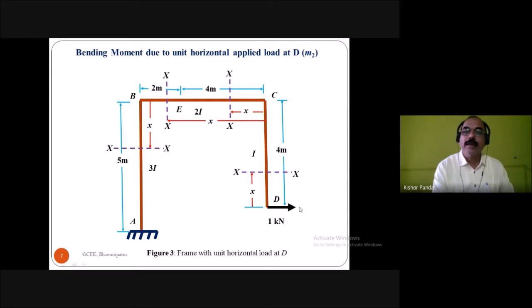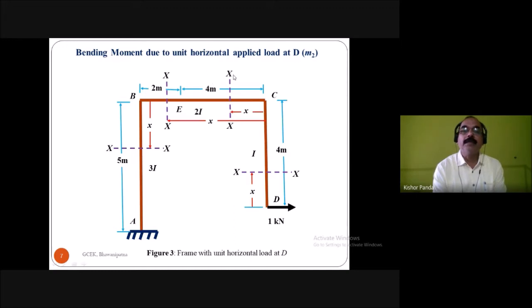The direction is anti-clockwise, which by our sign convention is positive. So the moment between C and D at the section is 1 into x, positive.